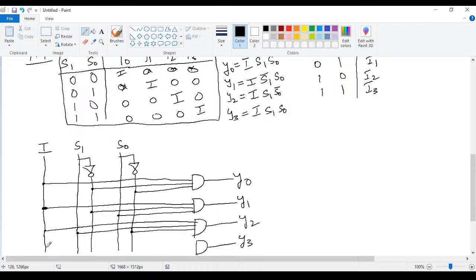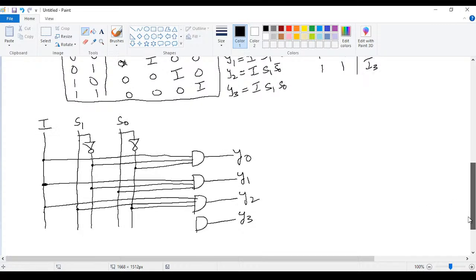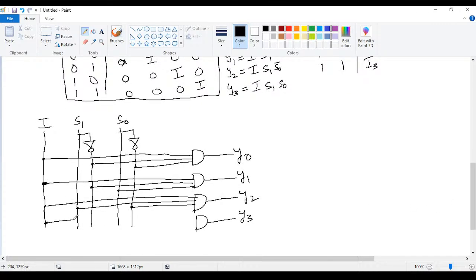Then we come down slowly, and here we can see I AND S1. We get a dark dot line, so we go like this.